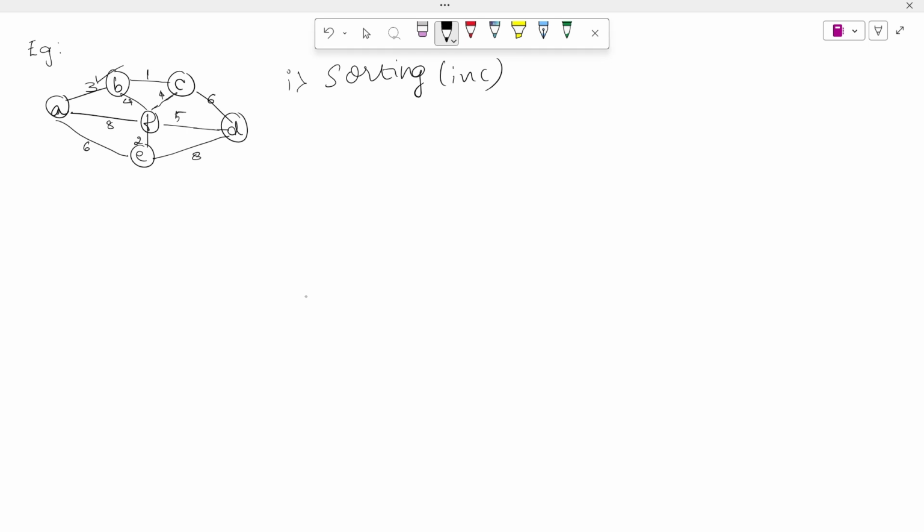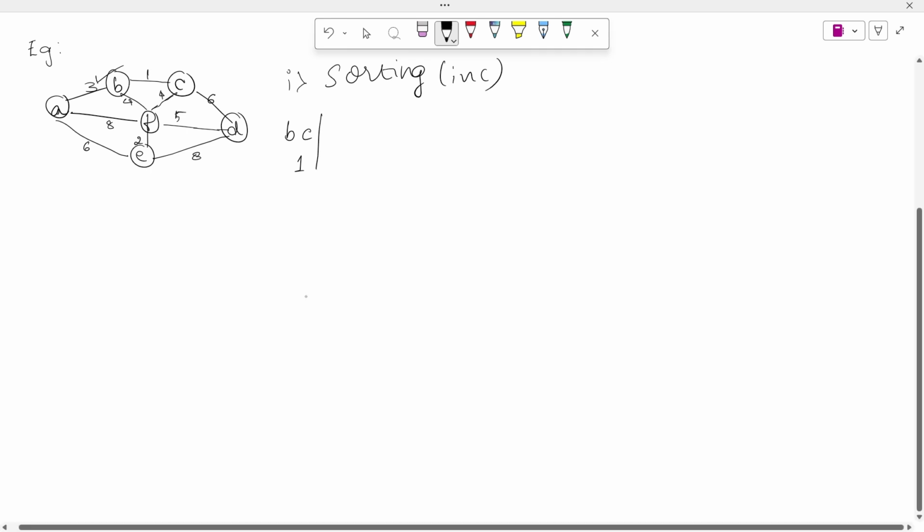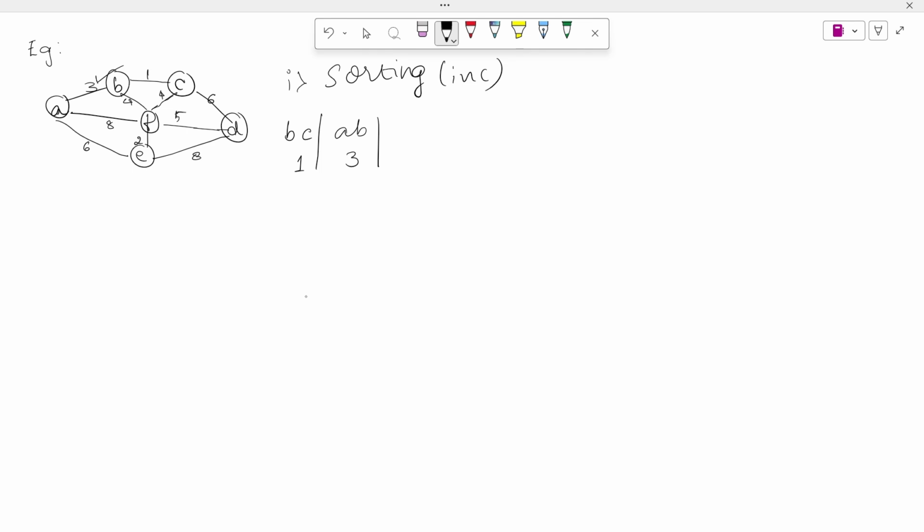So let us write the edges which have the minimum cost in the beginning, that is BC has minimum 1, and then we have AB 3, we have BF 4, and CF again 4, FD 5, CD 6, AE 6.